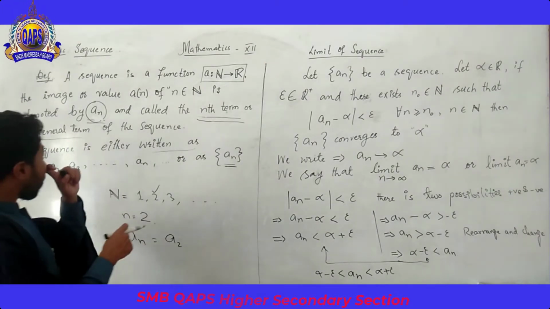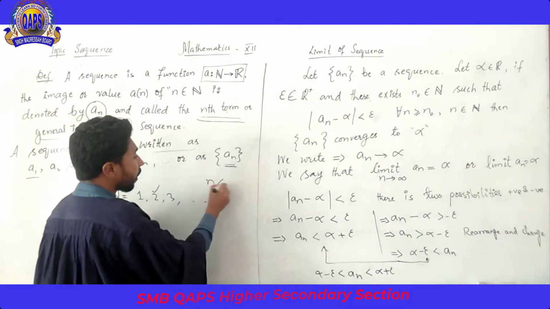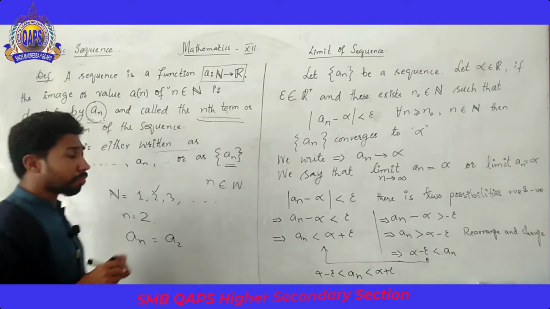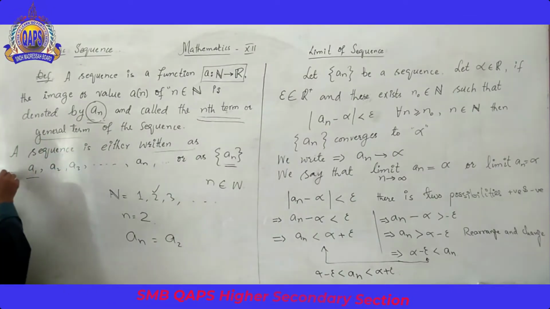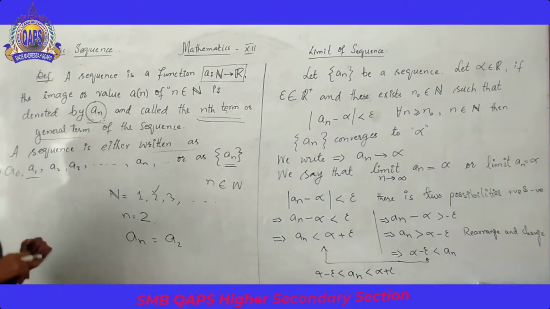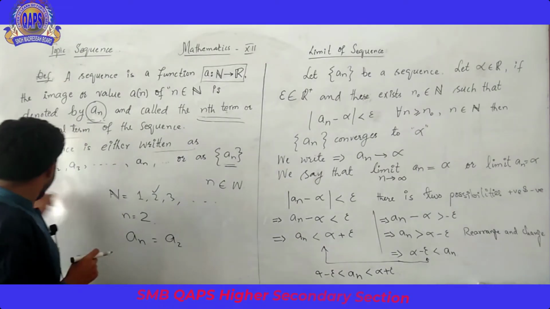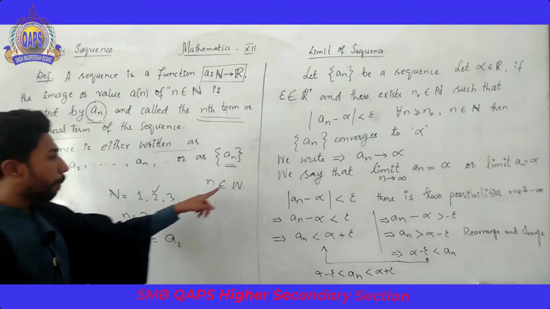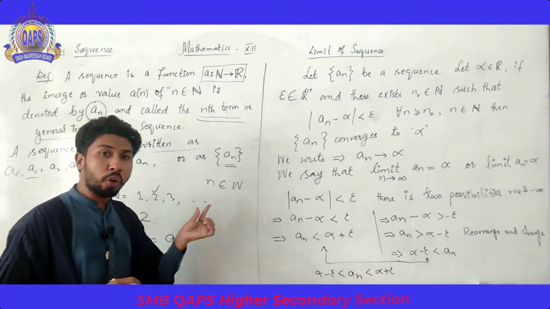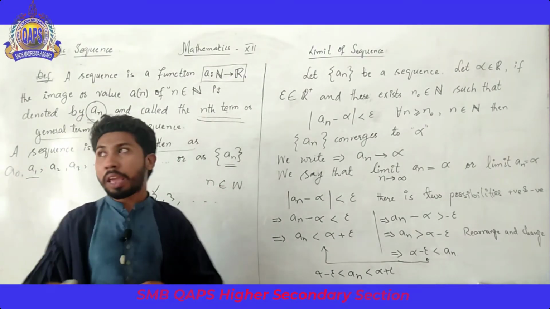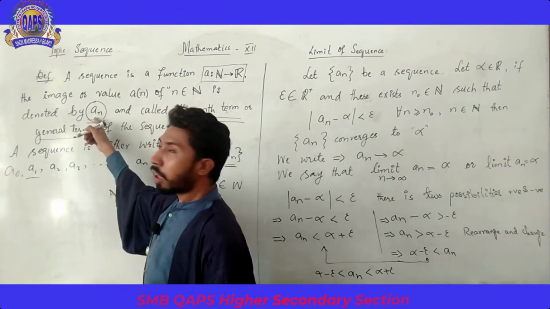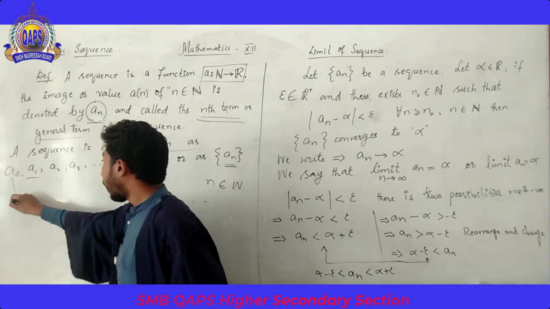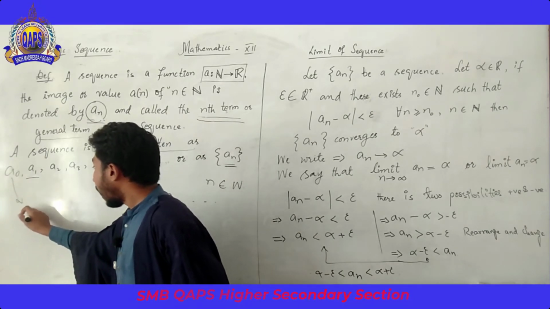If n belongs to the whole numbers, then it must start from a0, because the whole numbers start from 0, and that's why the general term starts from a0.